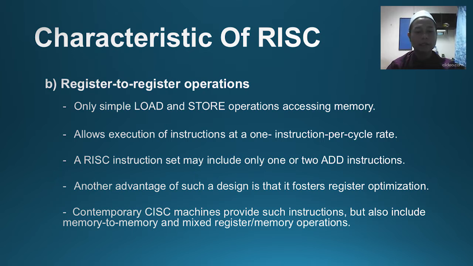RISC processors allow only special load and store operations to access memory. The rest of the operations work on a register to register basis. This feature simplifies instruction set design as it allows execution of instructions at a one instruction per cycle rate.